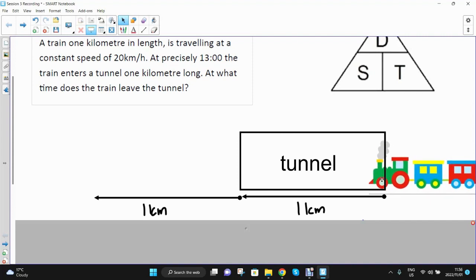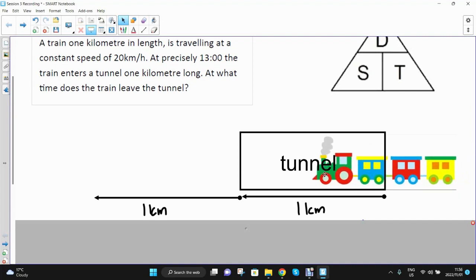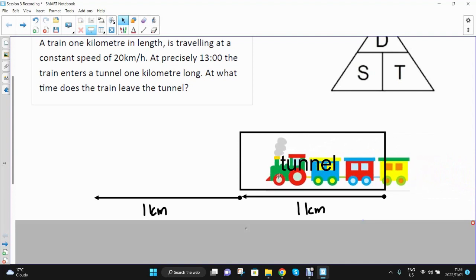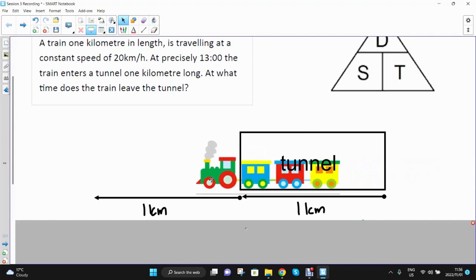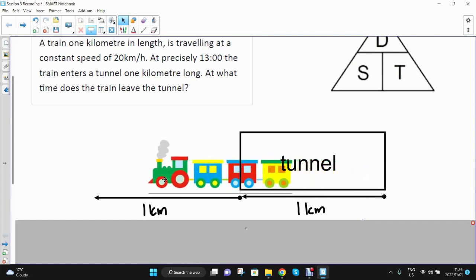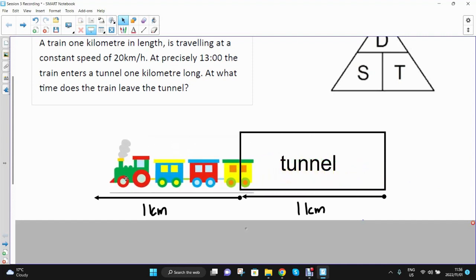elapsing. So as the train is traveling through the tunnel, you can see that at 1 kilometer, this is the length of the train, and this is also the length of the tunnel. So at that stage, after 1 kilometer, the whole train will be inside the tunnel. And then the train will be leaving the tunnel, and please have a look at the front of the train.